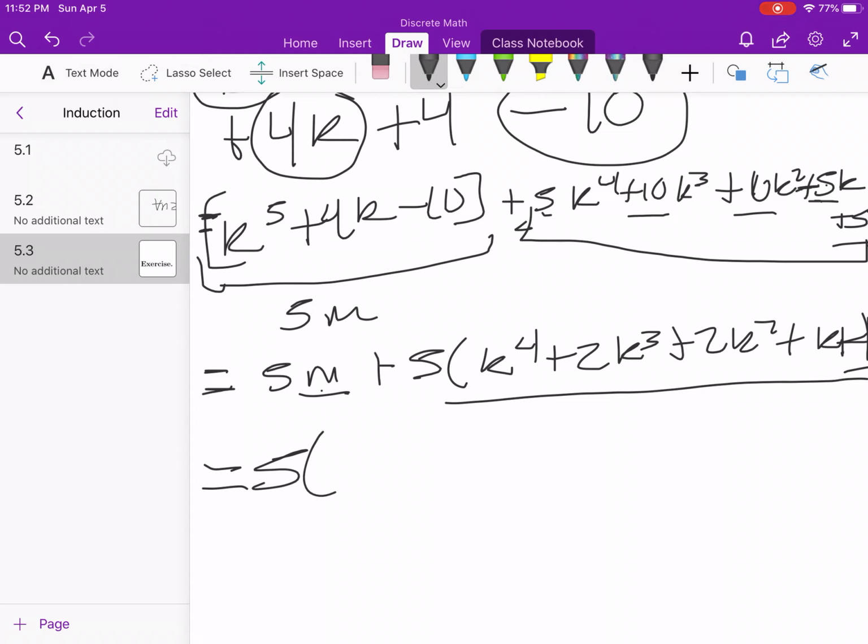So that's kind of nice. Those are also integers, because the natural numbers are a subset of the integers. So I can certainly find an integer here. So this is just 5 times something, we can call it r.